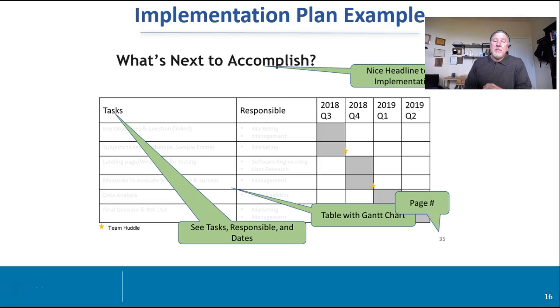And an implementation plan example. This is something that later on in a presentation you have an implementation plan. One of the things I like is the headline. I like the tasks. One of the things that fell off on this slide is the contrast of the content relative to tasks and responsible.